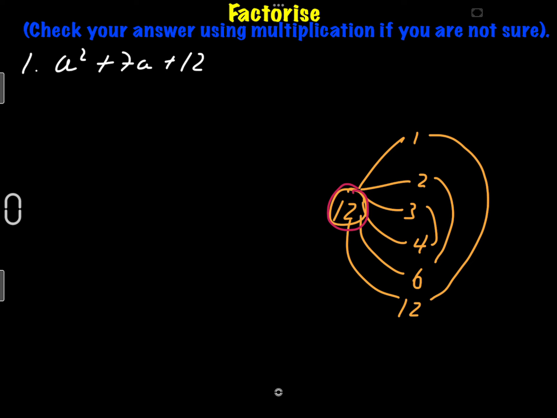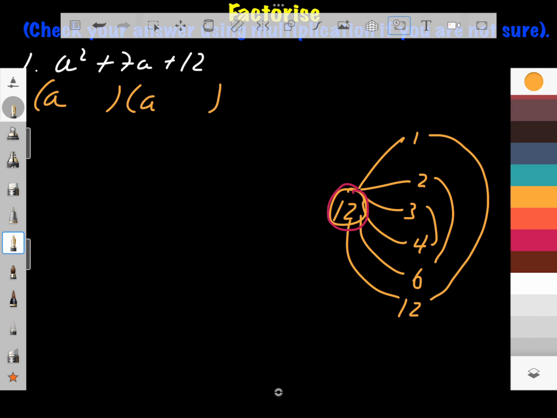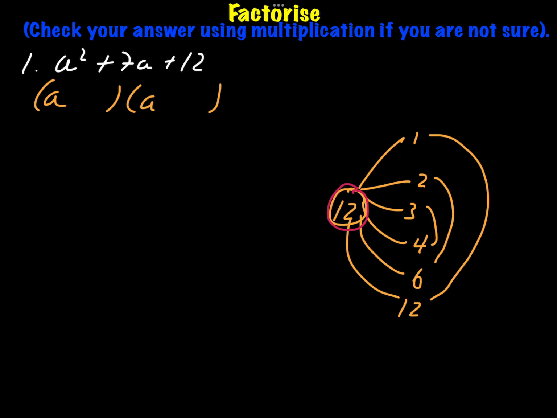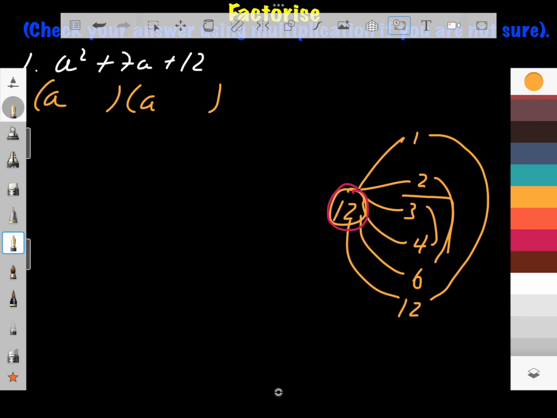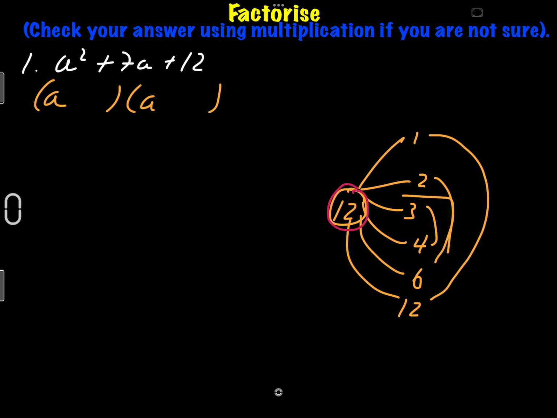Now what we need to do is to initially have our parentheses, and then we have a and a as our leading terms in our parentheses, because a times a gives us a squared. So we look at those two factors which satisfy the sum whenever we get the product of those two factors.